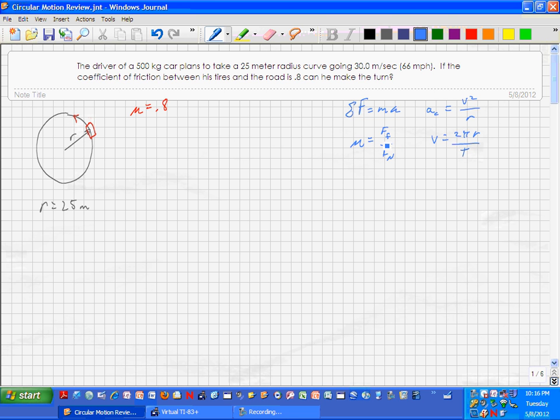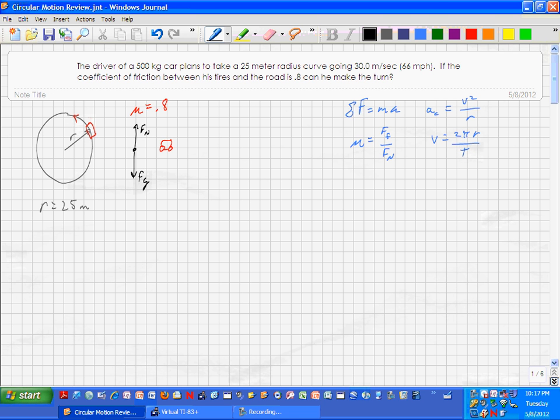This is kind of why we need the second diagram, which is a side view. Here's the car. And we've got force of weight working downward. We've got force of normal in that direction.